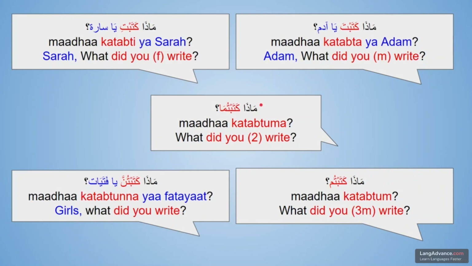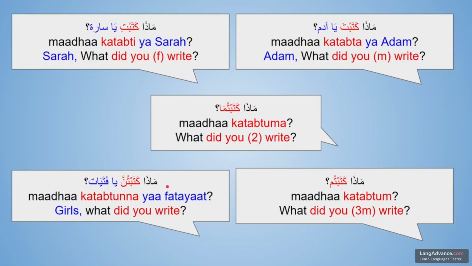And then addressing two of them, ماذا كتبتما؟ What did you two write? So in this case, we're showing how to use the dual form in the second person. And then we can also use it for the question ماذا كتبتم؟ But this will be the second person plural, male or mixed.